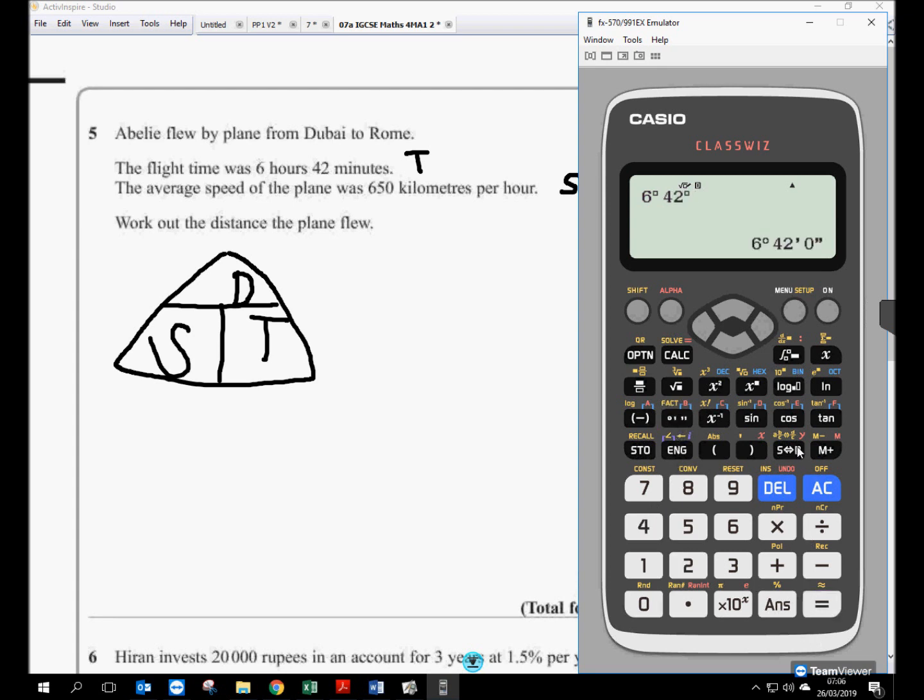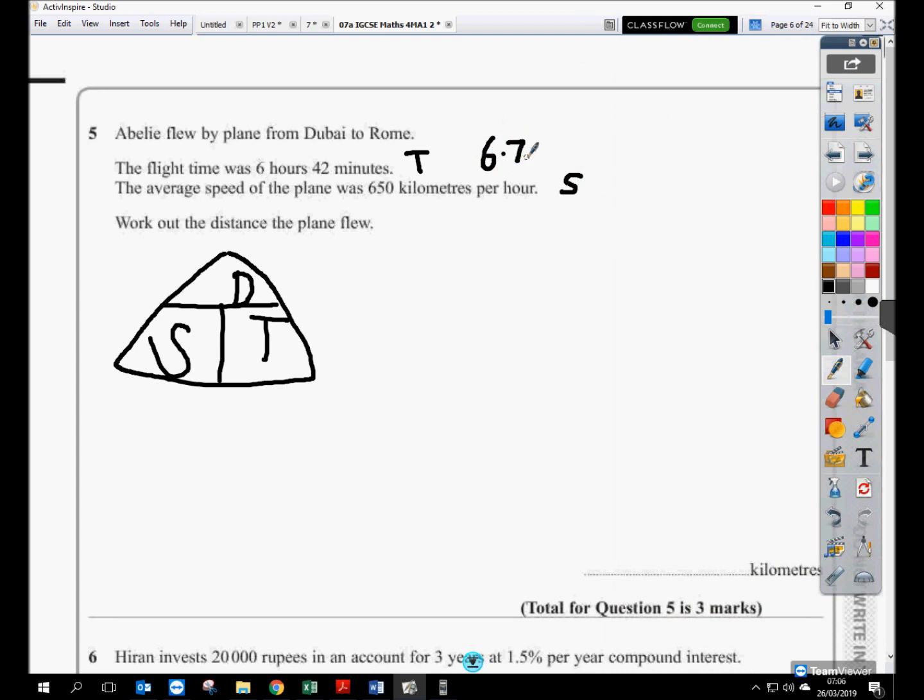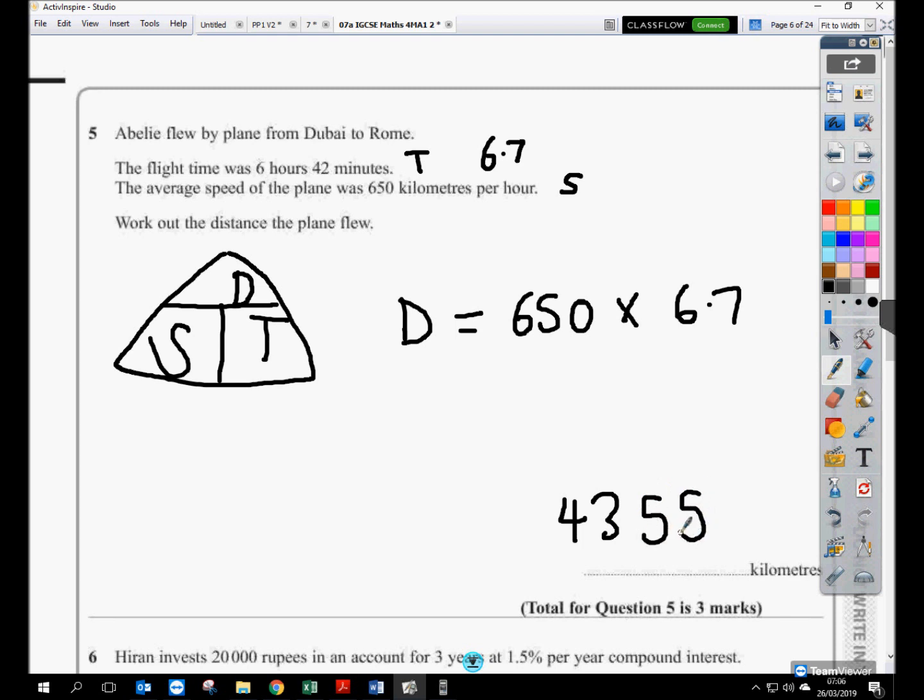Press equals, press S to D, and it changes it to 6.7 hours. Okay, and that's what we need. So distance is speed times time. So 650 multiplied by 6.7, and that gives us 4,355.